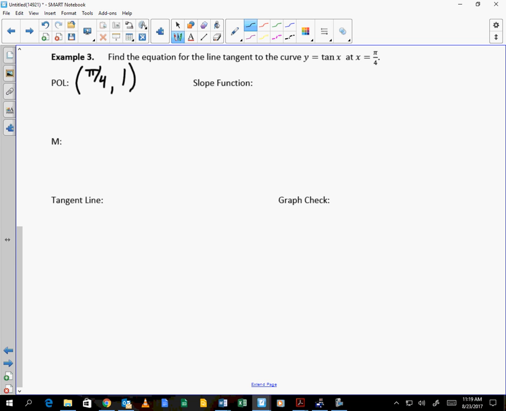Well, that's my first point. I would like to come up with a second point. Second point will be x. What's the y value? Tangent of x.